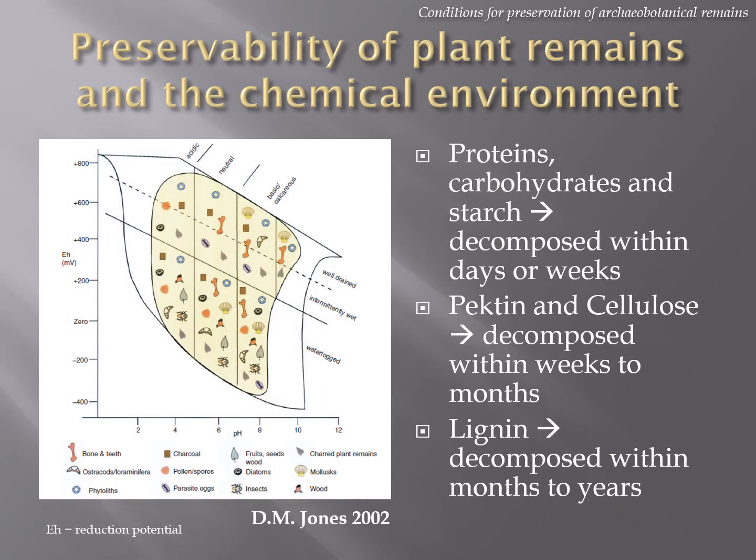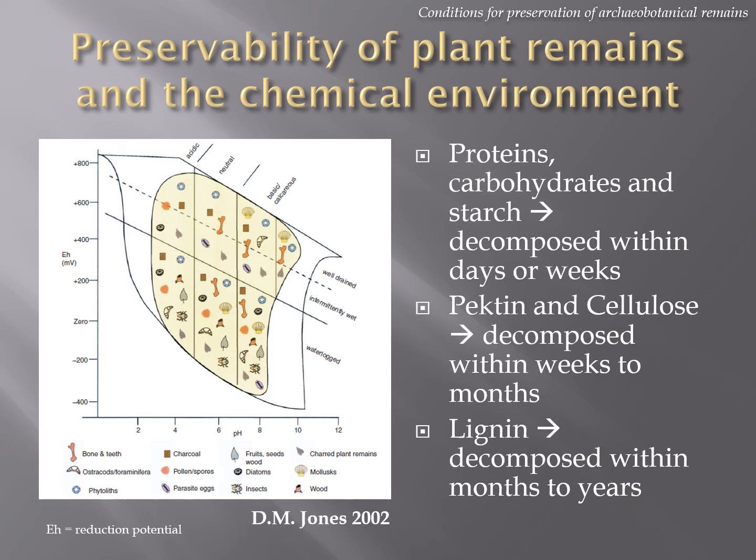The chemical components of the plant and the sedimentation environment determine the preservability of plant remains. Proteins, carbohydrates, and starch, which are components of plant cells, are decomposed within days or weeks.